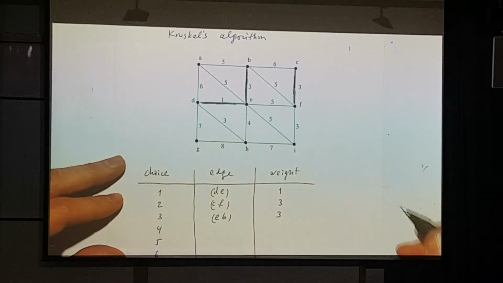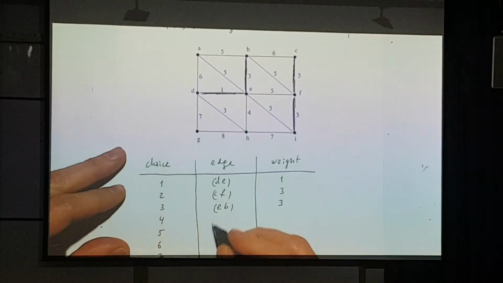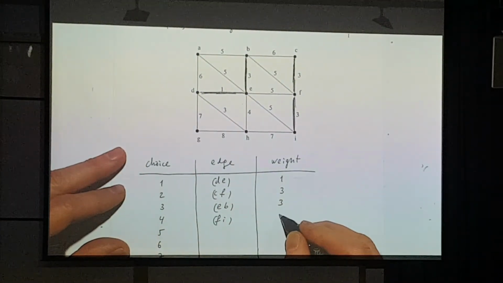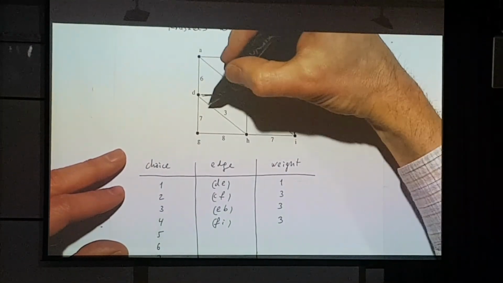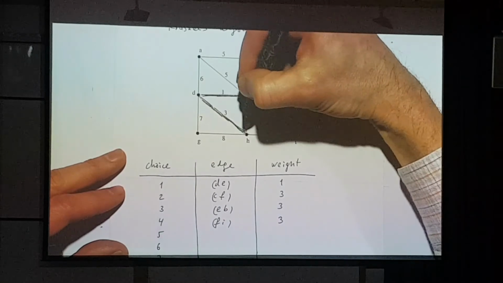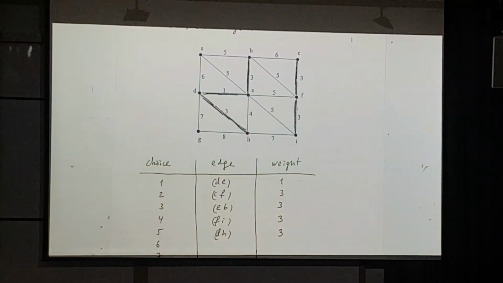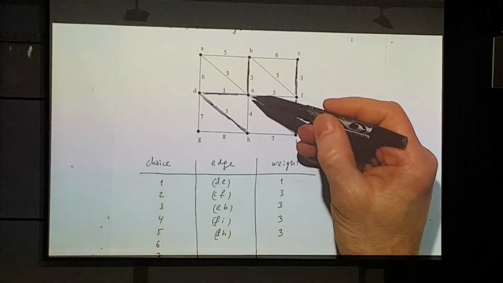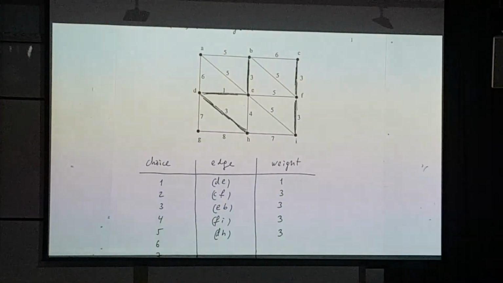So weight 3: FI, weight 3, DH, weight 3, and I'm done with all weight 3 edges. Now proceed to weight 4, which is again a single edge, EH, and I cannot add it because that would form a simple circuit.